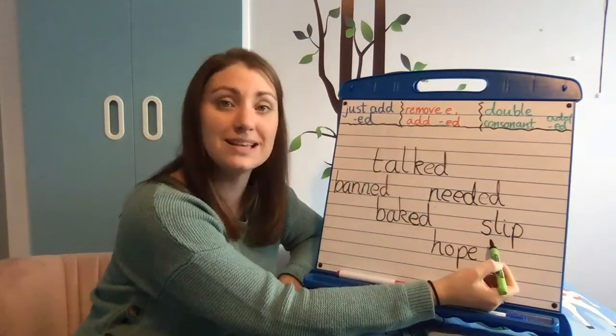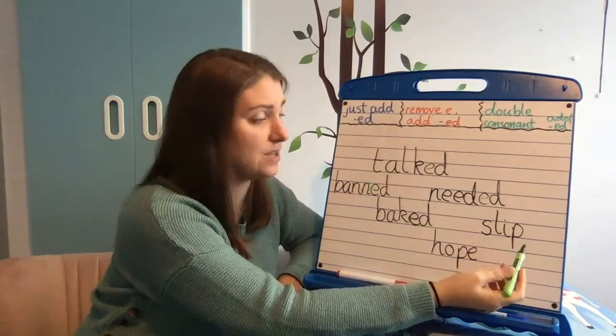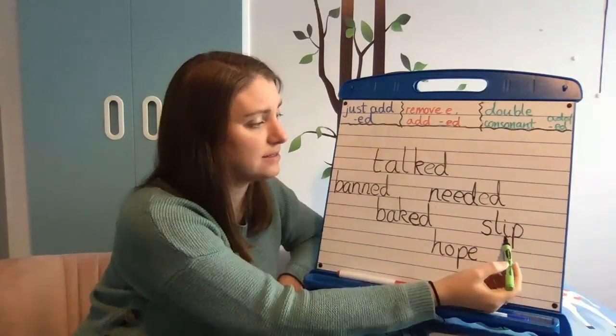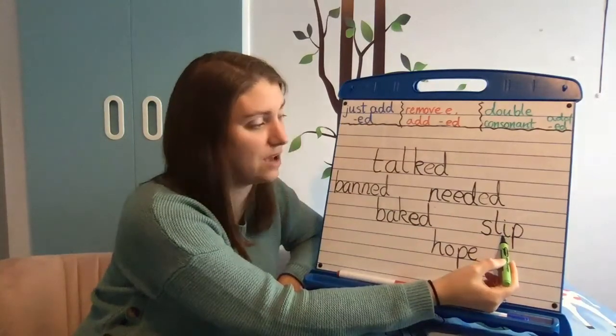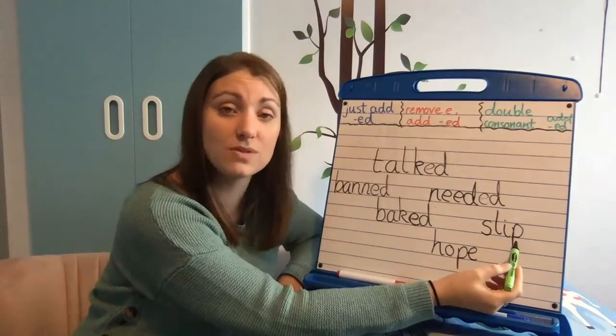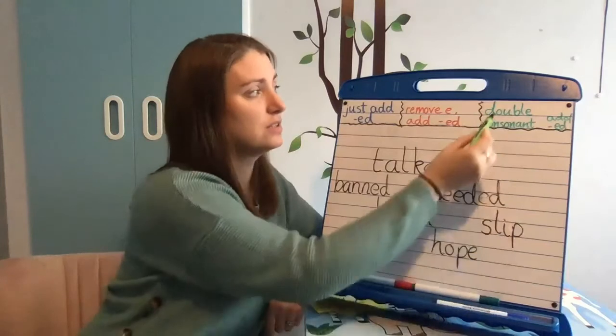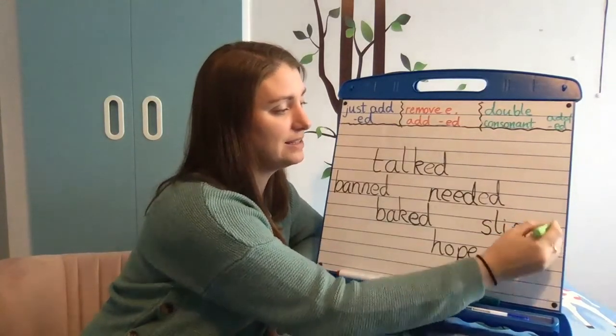Right, what about this one just here? Slip. Well, there's no E on the end to take away. And that's a short vowel sound. And how many consonants are there? Just one. So that means we are going to double the consonant and add ed.